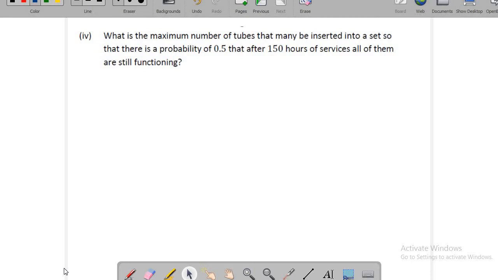What is the maximum number of tubes that may be inserted into a set, so that there is a probability of 0.5 that after 150 hours of service all of them are still functioning?